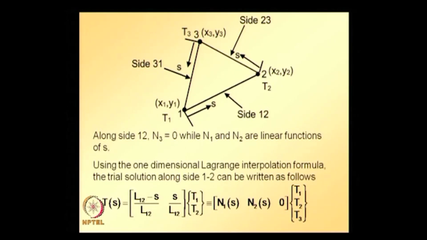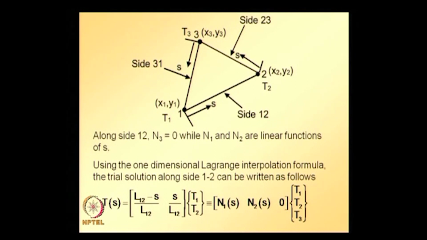Using the one dimensional Lagrange interpolation formula, the trial solution along side 1 2 can be written like this: N1 times T1, T1 is the field variable value at node 1, N2 times T2, T2 is field variable value at node 2, and the shape function of N1 can be obtained using Lagrange interpolation formula, taken side 1 2 alone.